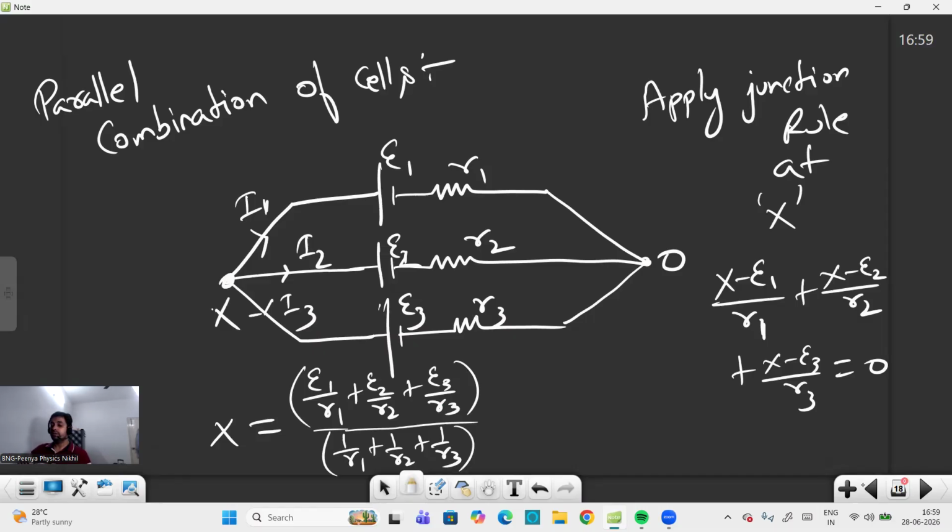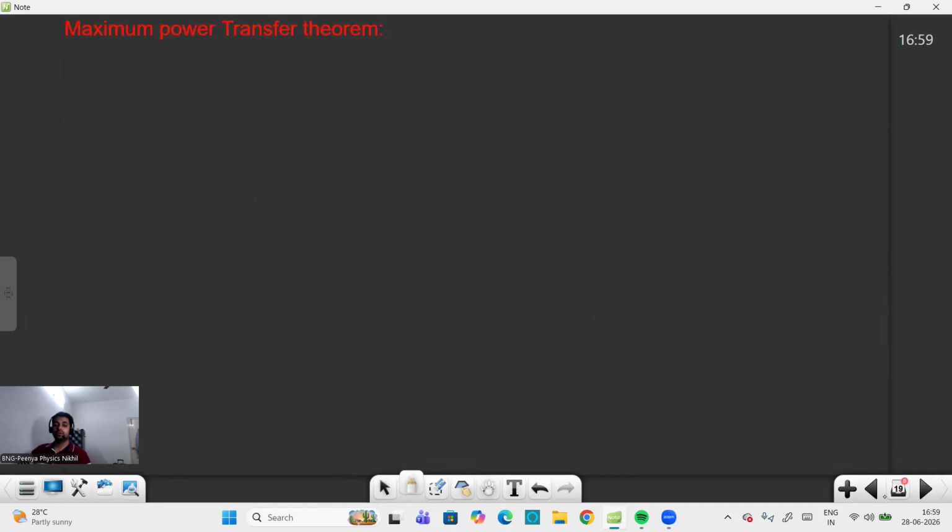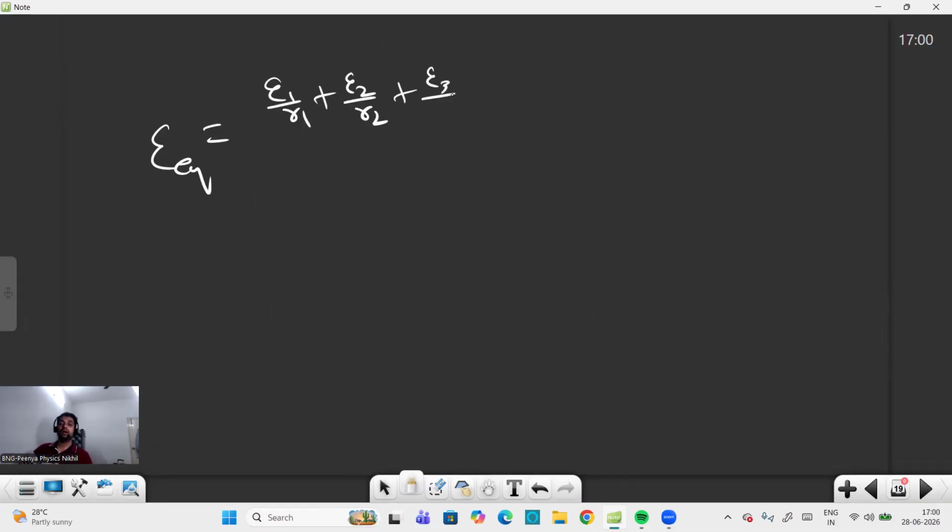Correct? So here E equivalent equals E1 by R1 plus E2 by R2 plus E3 by R3, divided by 1 by R1 plus 1 by R2 plus 1 by R3.